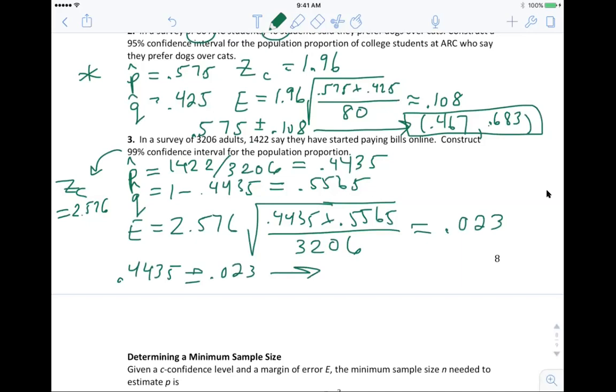And I might just go 3 decimal places for the ends. This is about 0.421. And then .467. Close enough. All right.